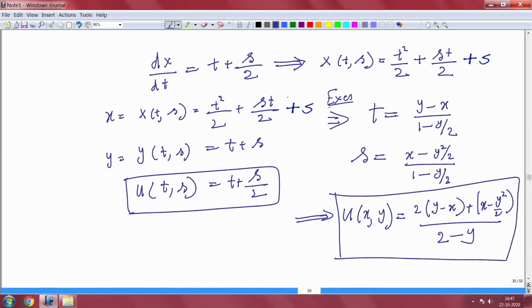Okay. So, that completes what I want to discuss about the quasi linear equations. My plan was even to complete the nonlinear case in this two hours, but I could not make it. So, maybe we will take another half an hour.